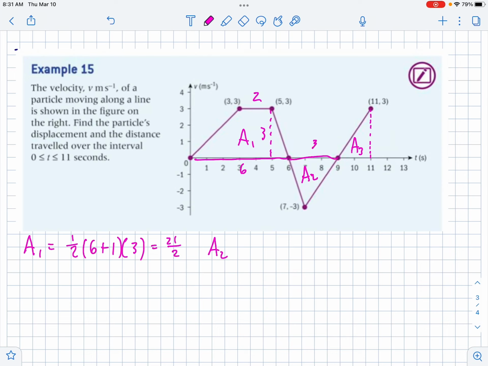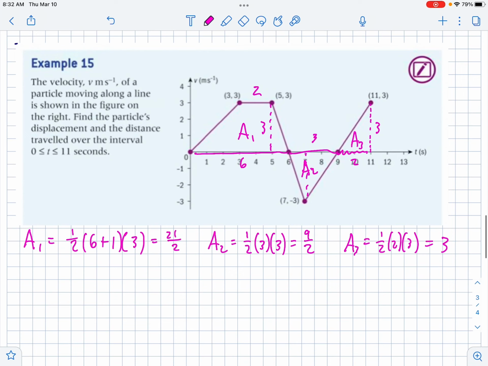The area of the second shape is a triangle with a base of 3 and a height of 3 as well. So this is 1/2 base times height, this is 9/2. And then the area of the third triangle is a base of 2 and a height of 3. So this is 1/2 times 2 times 3, which is 3.